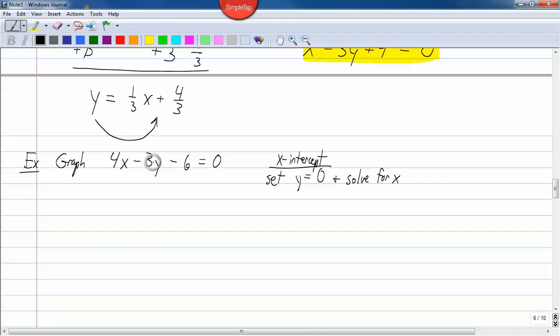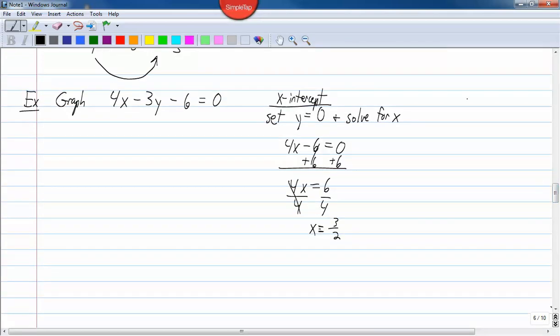So do you see where y is? That term goes away. So what would I have? 4x minus 6 equals 0. Solve for x. 4x equals 6. So x equals 3/2.